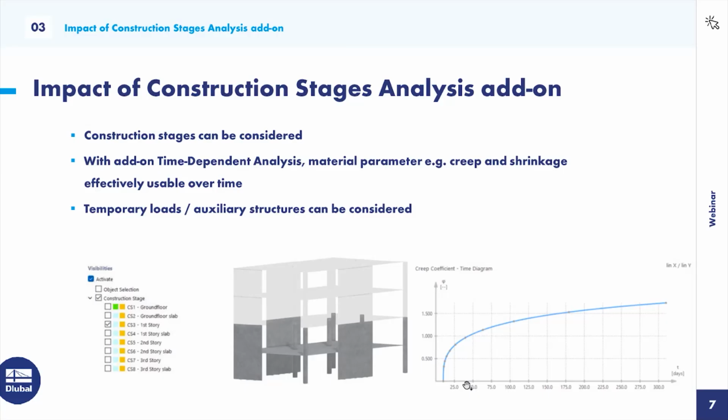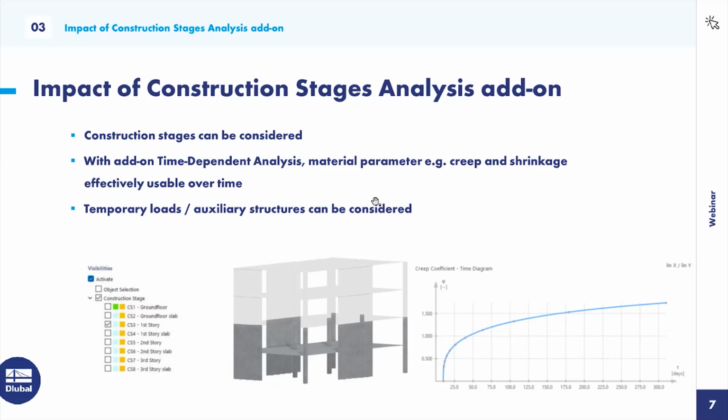So you see, after 30 days, it's a completely different creep coefficient in comparison to 120 or 150 days. So you will have influence only from these material parameters. And we can consider this when we use the construction stages and the time-dependent analysis. But I will also show you this later in RFEM 6.